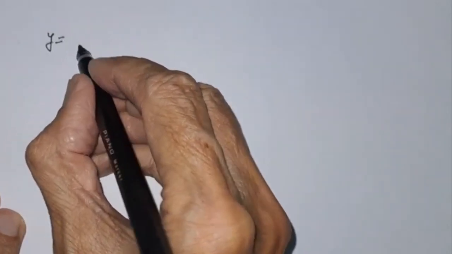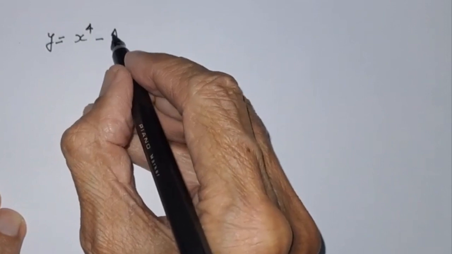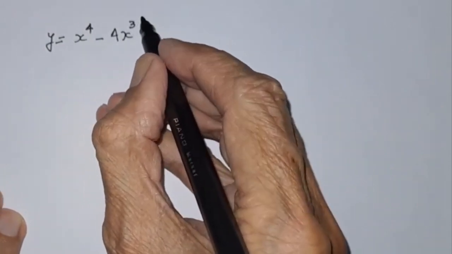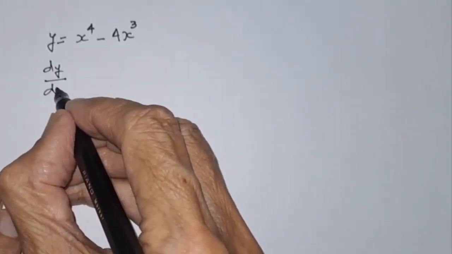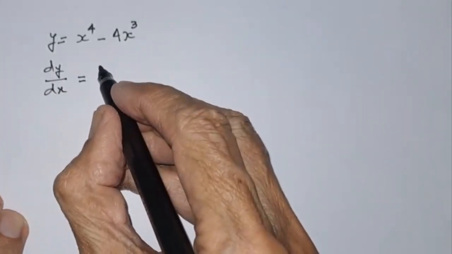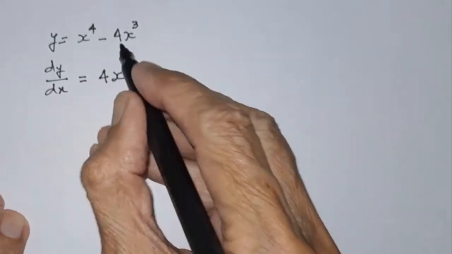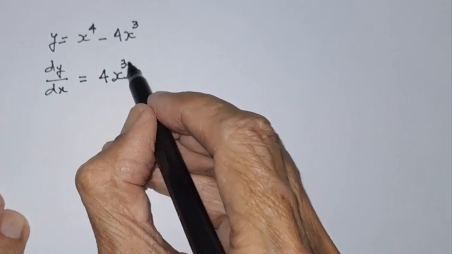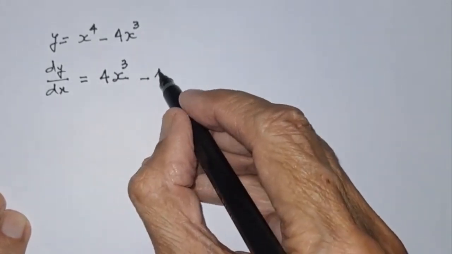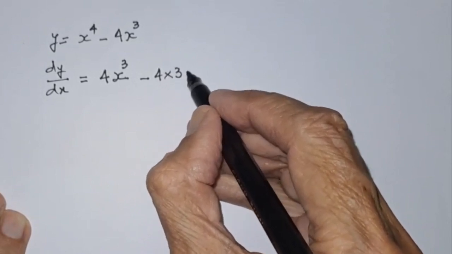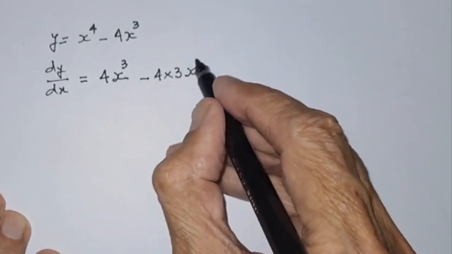y is equal to x power 4 minus 4x cube. Then the first derivative is written as dy over dx, and it will be, this power will come first and then x, and then reduced power by 1 will be written here, minus this power will come here, 4 into 3, and then x, and 3 will be reduced by 1, and this will be 2.